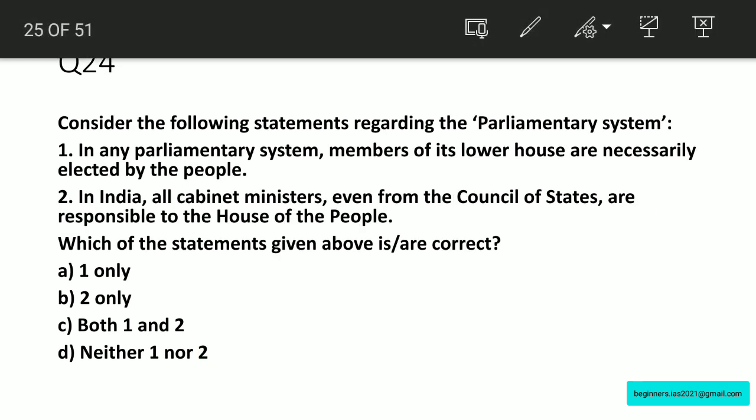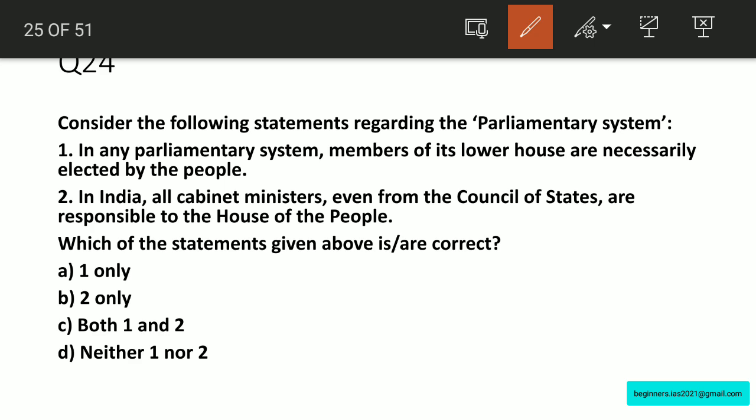Let us move on with question number 24. Consider the following statements regarding the parliamentary system. 1. In any parliamentary system, members of its lower house are necessarily elected by the people. 2. In India, all the cabinet ministers, even from the Council of States, are responsible to the House of the People.